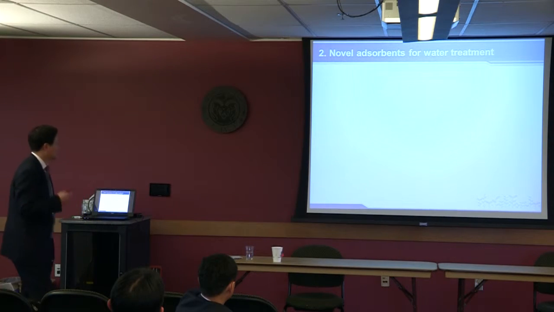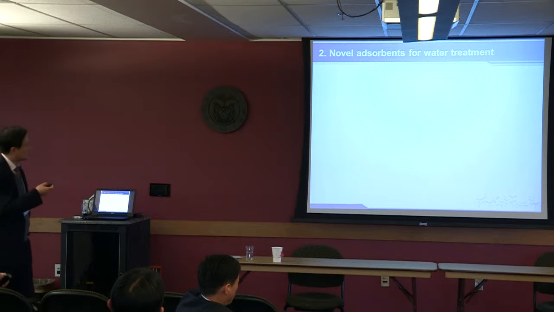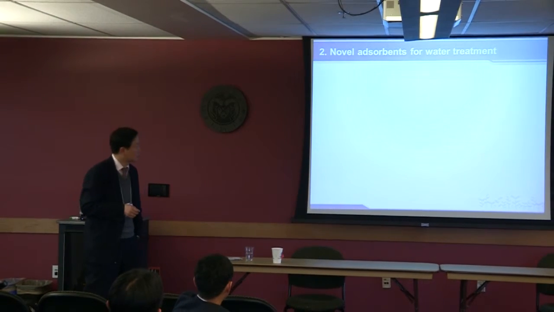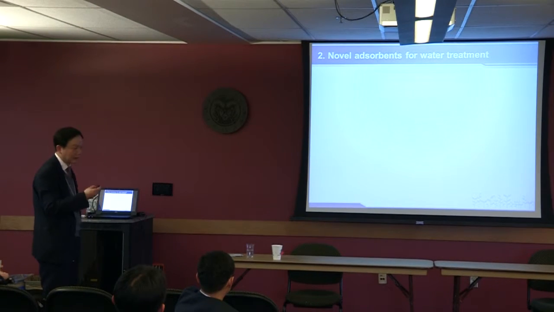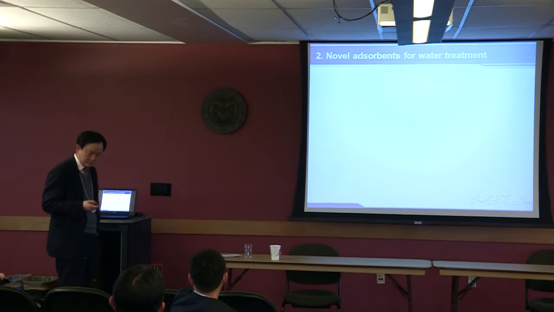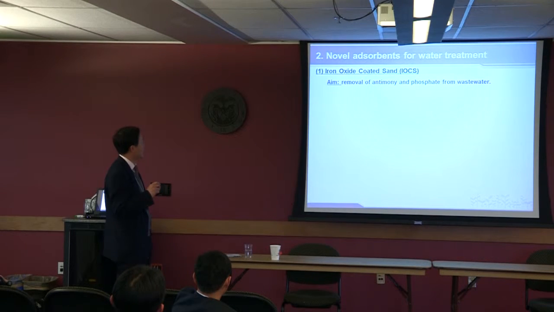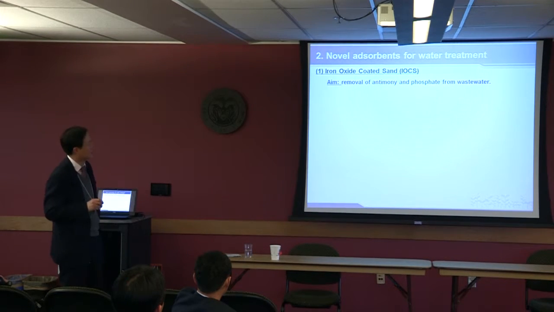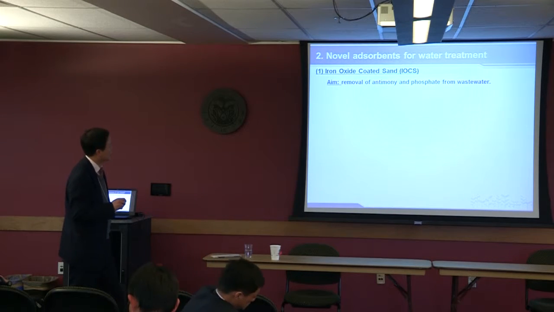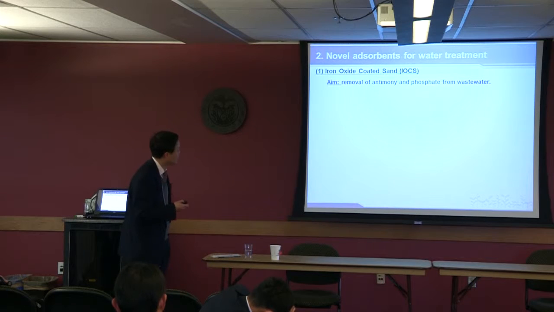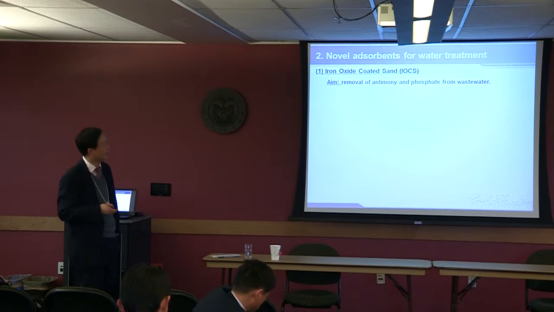Okay, the second topic I would like to introduce is a novel adsorbent for water treatment. Okay, that one is using iron oxide coated sand. The aim of this research is to remove antimony and phosphate from wastewater.